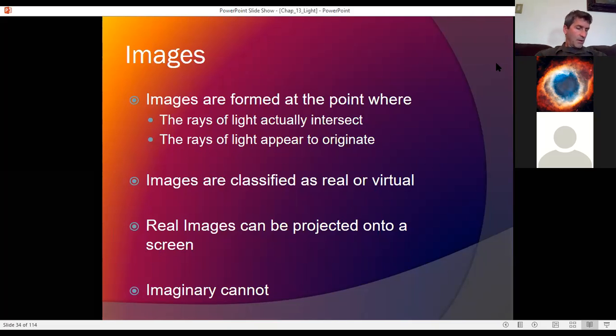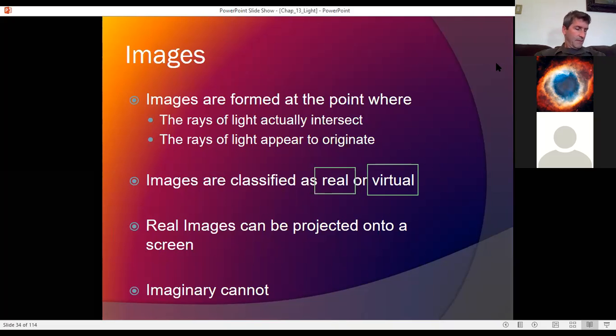So images are classified as real, okay, if we can project them onto something and actually see something reconstructed from the rays of light. We call that a real image. Or virtual, where the image appears to be at a location where it actually isn't, like inside the mirror, okay?